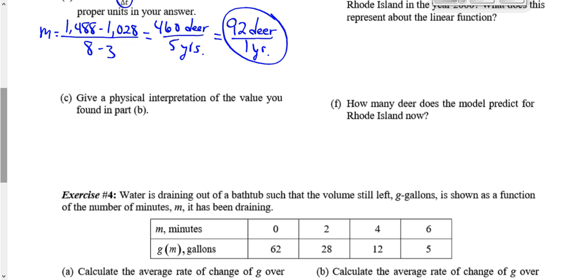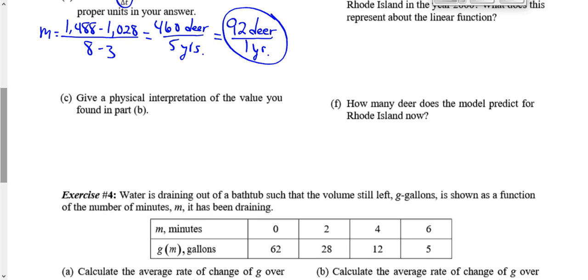Oh, all right. So, Part C, give a physical interpretation of this. Each year, the deer population increases on average by 92. Yeah, the deer population is increasing by 92 deer per year.